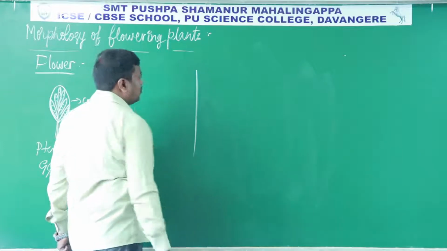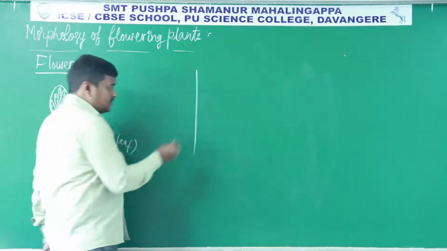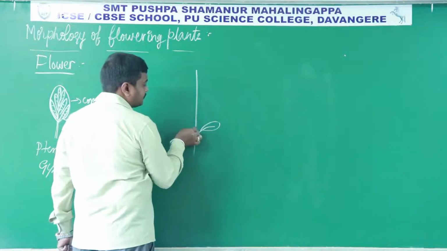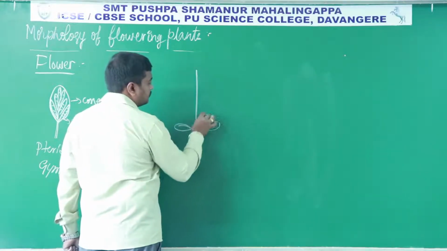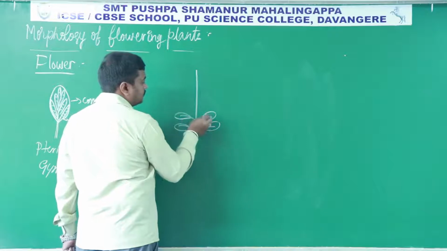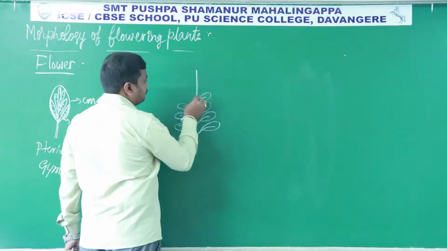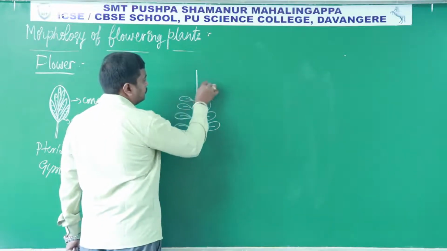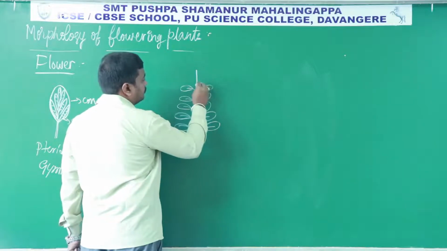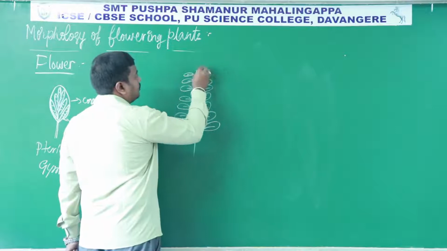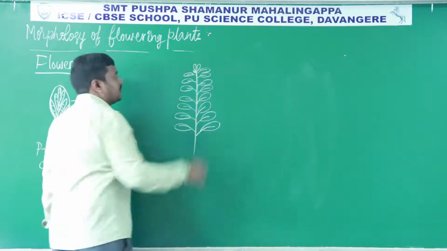So here is the shoot system. That shoot system consists of leaves. Say this is the shoot system.